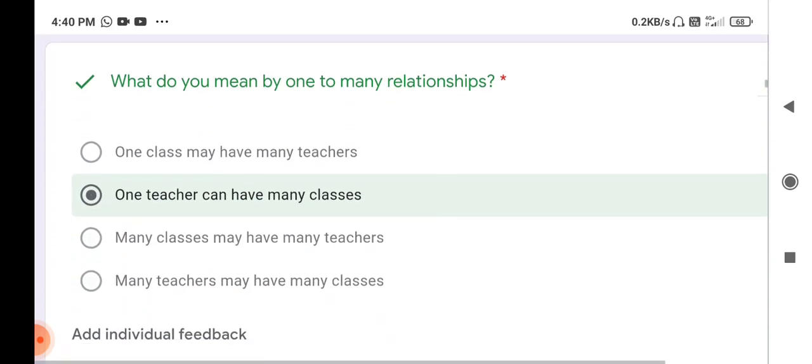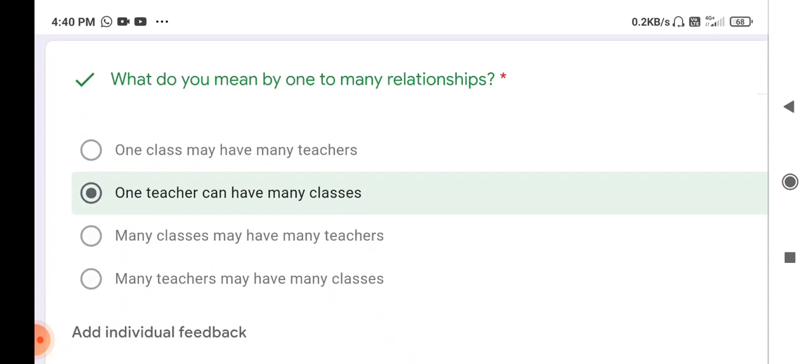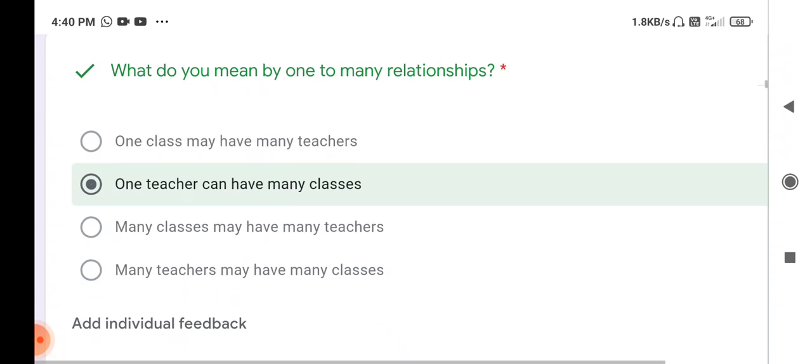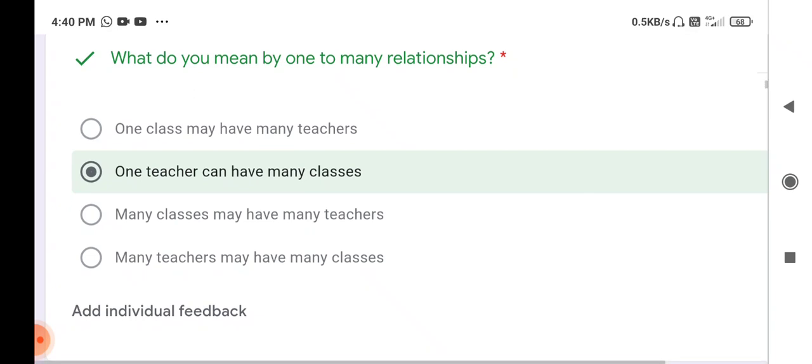Next question is, what do you mean by one to many relationship? For this question you must know relationships like one to many and many to many. The first option is one class may have many teachers, which sometimes is not logically possible, right? The second option is one teacher can have many classes, so this will be the correct option.